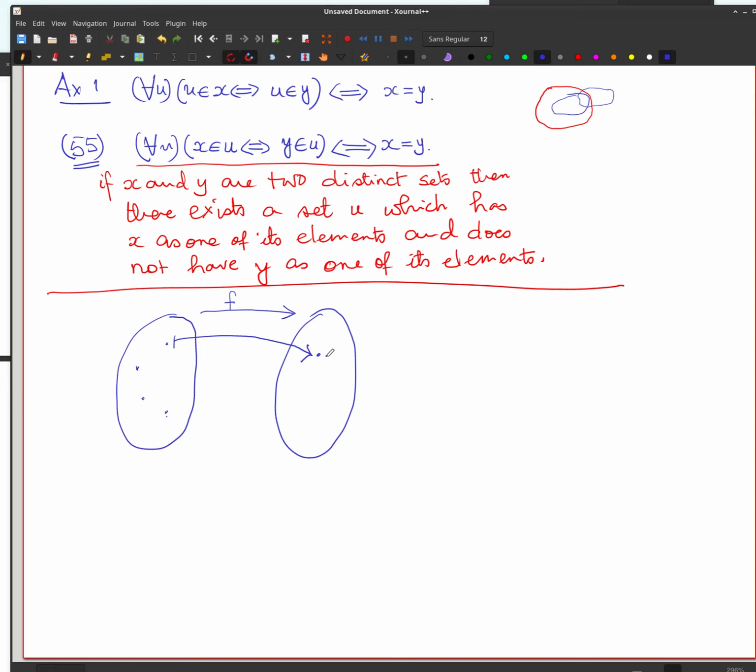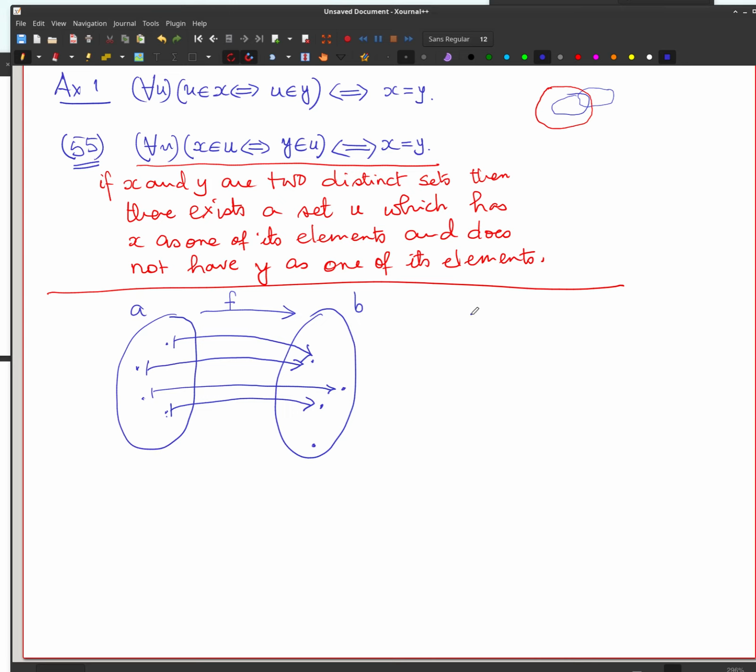Each input will have a unique output. However, there can be two things which go to the same output, right? And it's something like this. And some things might be left open over here. So if this is the set A, and there is nothing left over, everything over here.